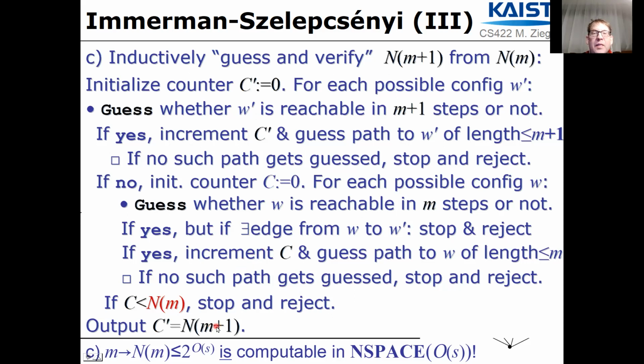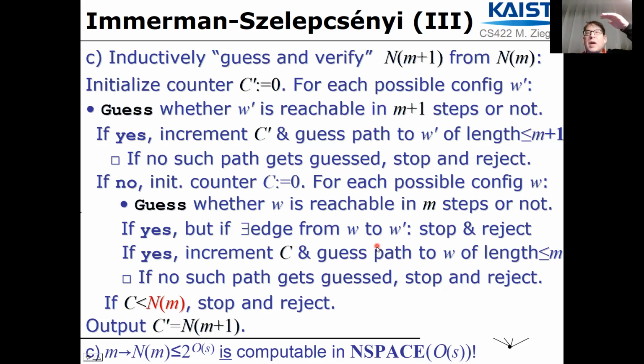And thus at the end of the outer loop, we can safely output C prime, to be sure that it equals n of m+1. So that after one execution of these two nested loops, we really have computed n of m+1 from n of m.